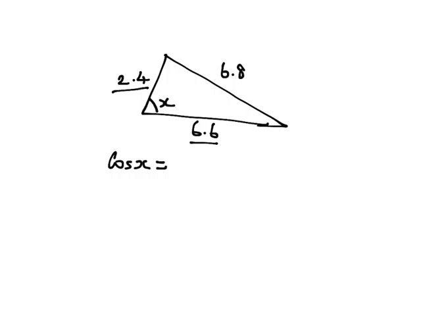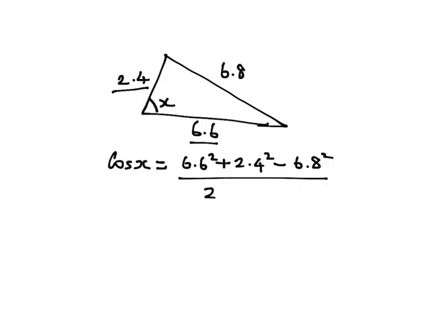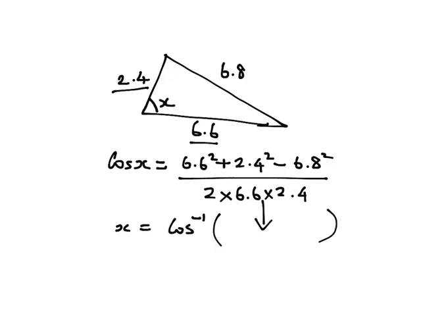So 6.6 squared plus 2.4 squared, then the remaining side is 6.8, so minus 6.8 squared, divided by twice 6.6 into 2.4. So x is cos inverse of this expression.